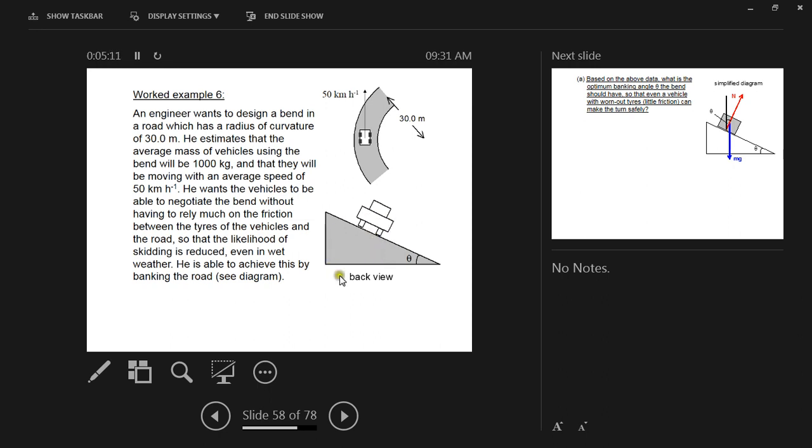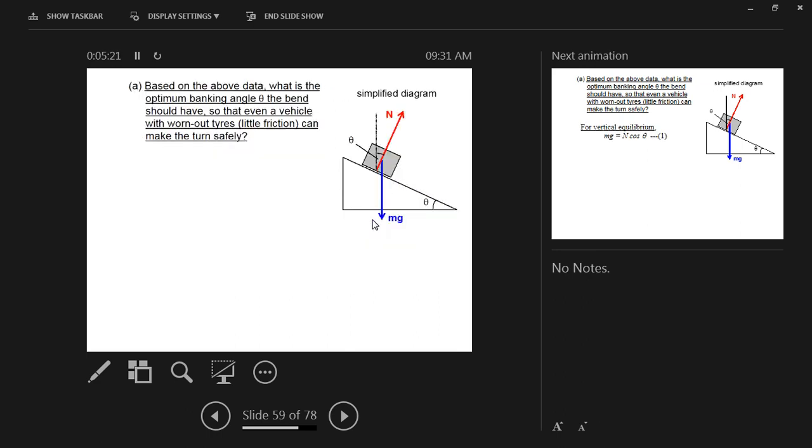So if you look at the back view of the car, and if there is banking, you realize that the vertical axis of the car will not be parallel to that of the earth. By doing that, if you look at the free body diagram, the normal reaction force will have a component that is towards the center of the circle. So without friction, if there is banking, a car will still be able to go in a horizontal circle.